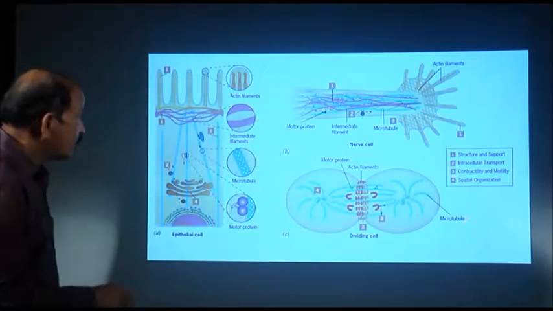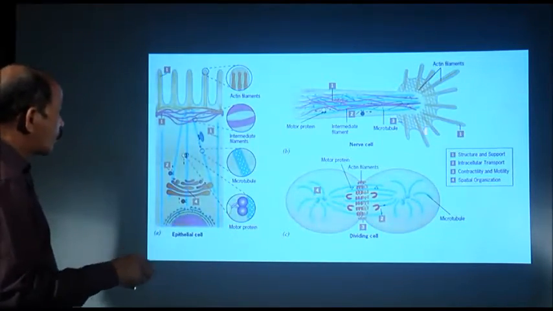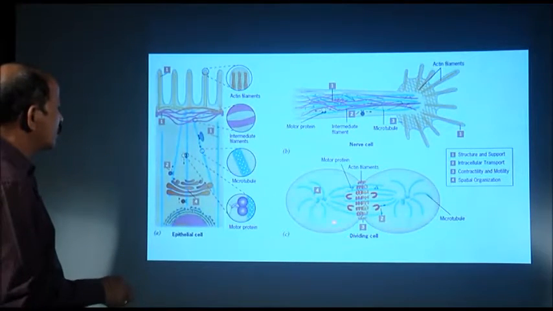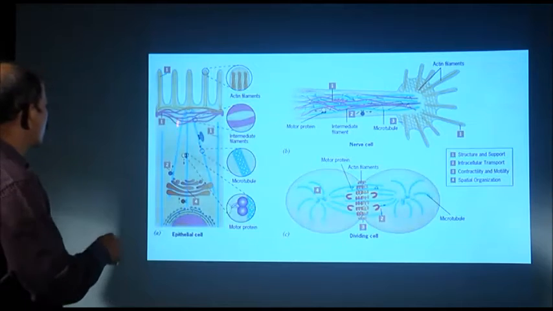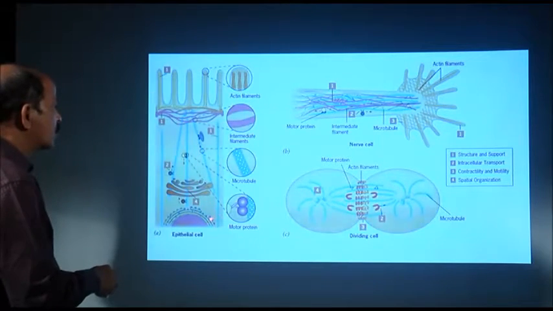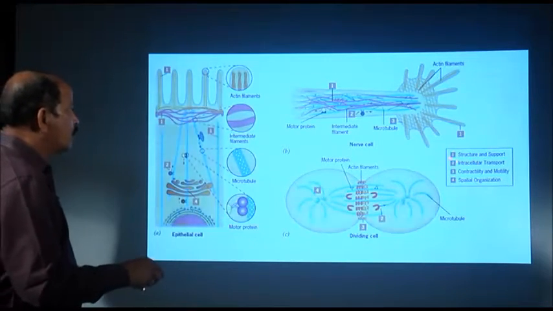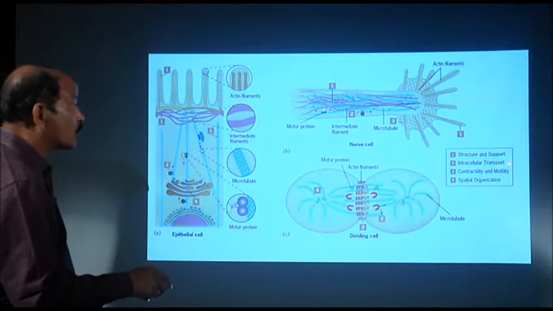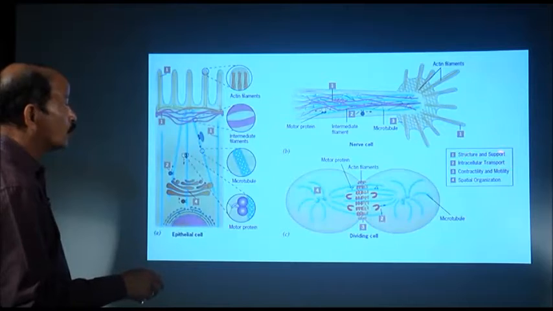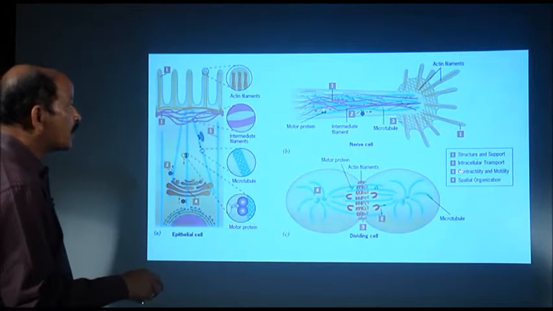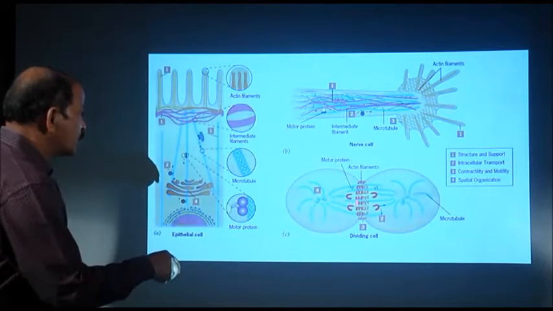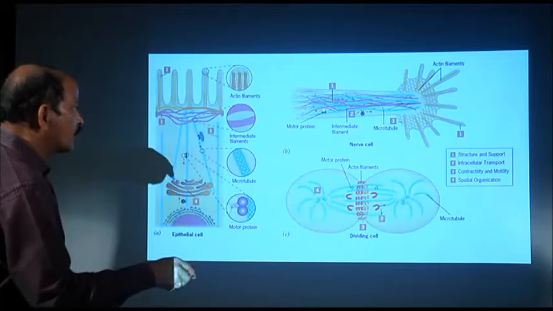So, from these three diagrams, this is a nerve cell, this is an animal cell dividing, and this is a brush border epithelial cell of animals, we can see what roles they play: structure and support, intracellular transport. This thing we do not know, I will tell you how. Intracellular transport, contractility, here contraction of the membrane takes place because of actin filaments, and motility.